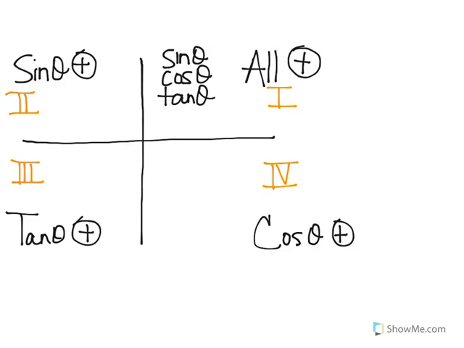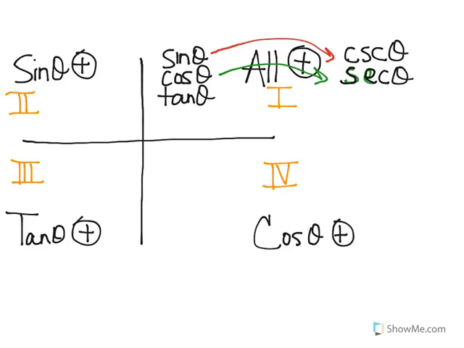So for quadrant 1, when we say that all of the functions are positive, we also want to include all of the reciprocals, right? So the reciprocal for sine is cosecant. And the reciprocal for cosine is secant. And the reciprocal for tangent is cotangent.